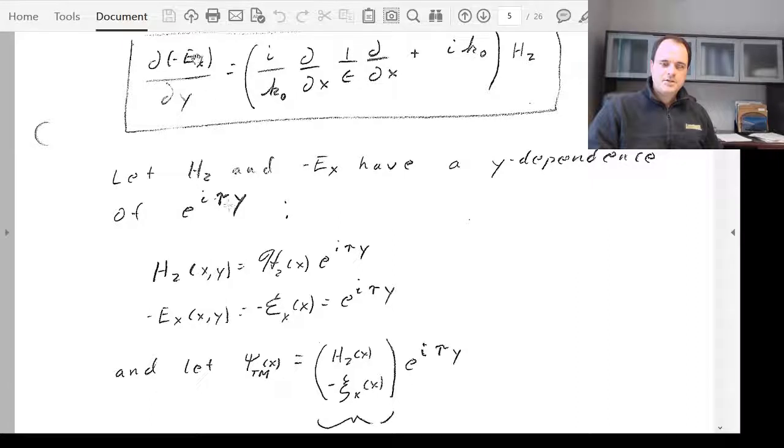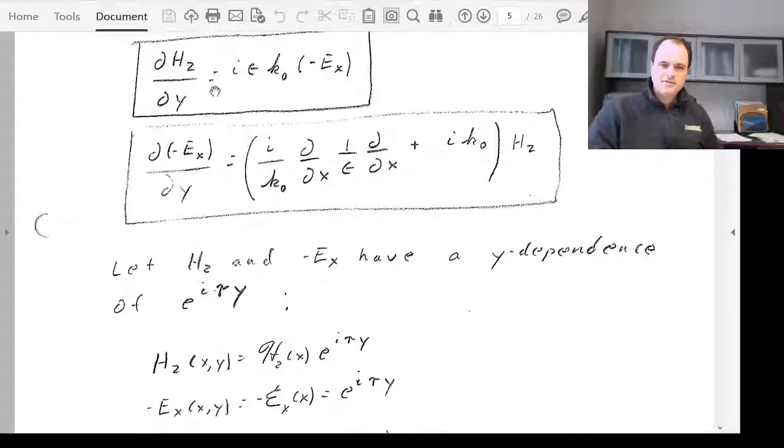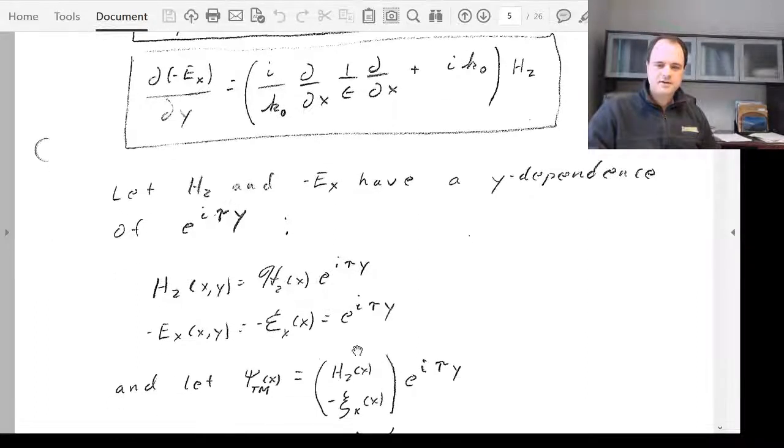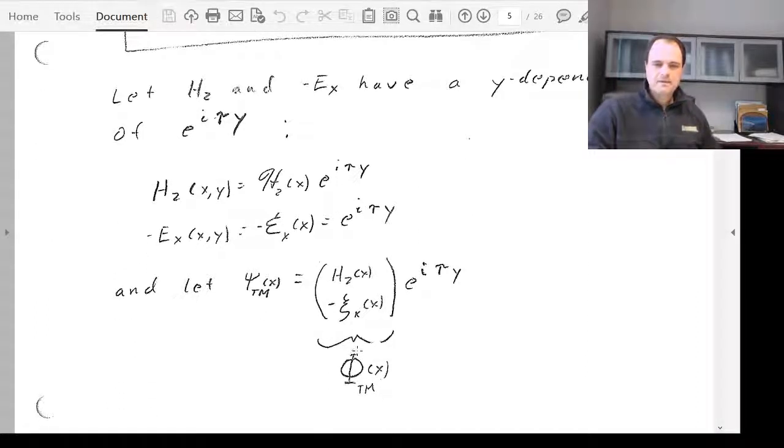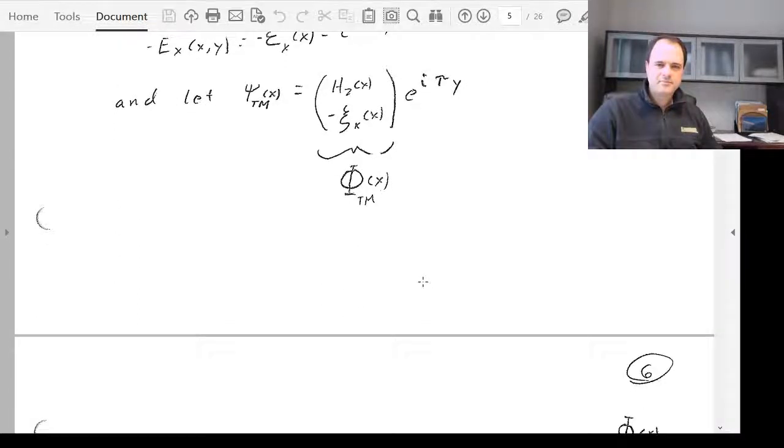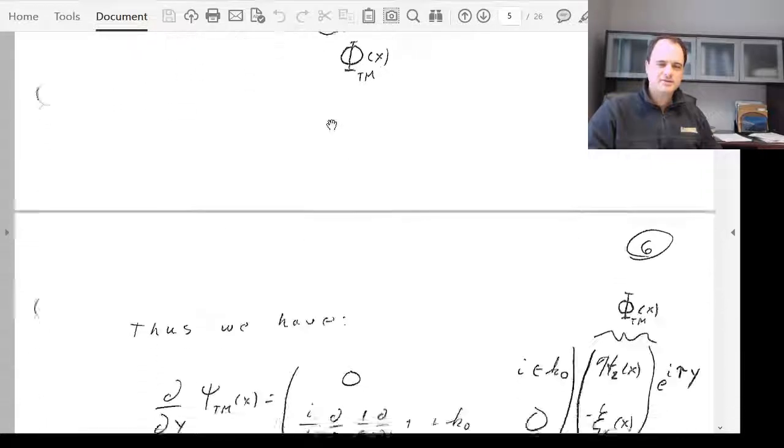So both of these things up here, as they stood, had both an x dependence and a y dependence. This, and this. But now we're going to separate out the y dependence like this. And we can then stack one function on top of the other in a matrix type of thing, and then we have this right here. But we don't have to do that right now if you don't want.